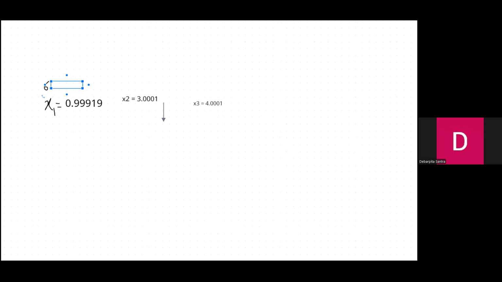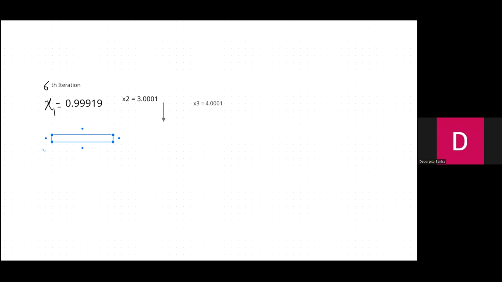Okay, and if you find the error rates at the 6th iteration, the error for x1 will be analyzed in the same way. It will be found as 0.07407%.